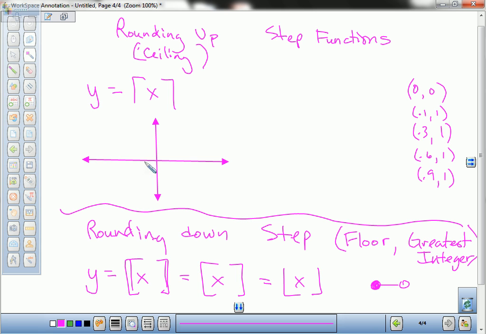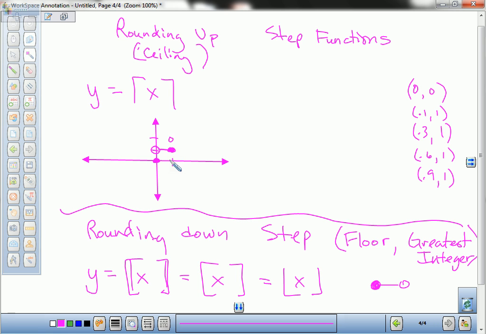So what happens is, I'd have this point right here at 0, 0, but everything after this 0, 0 gets rounded up to 1 until I get to 1. 1 is 1, but then immediately after 1, I go up to 2.